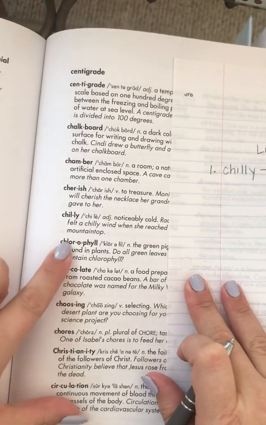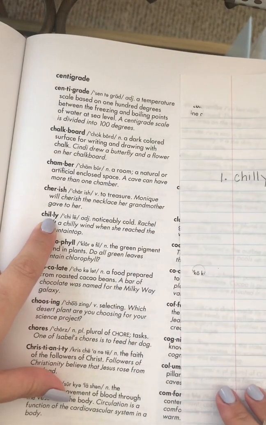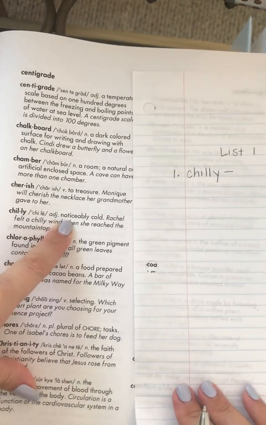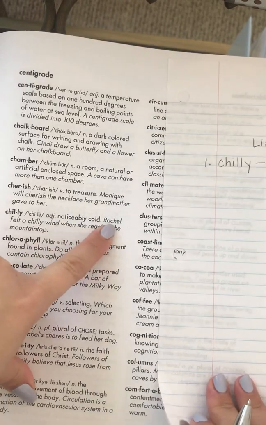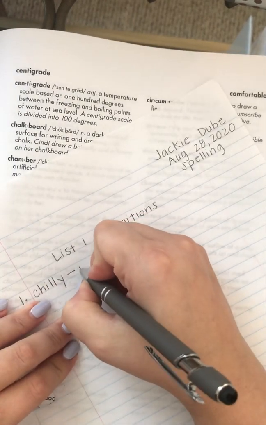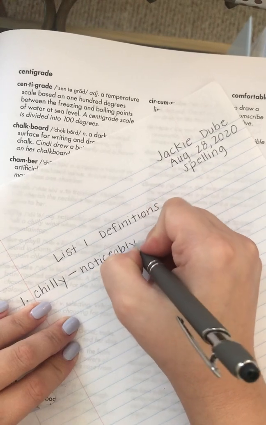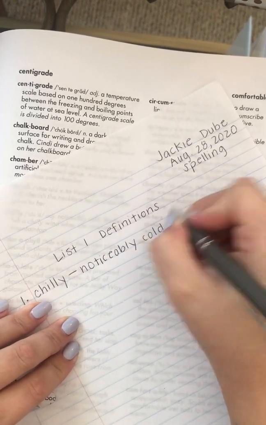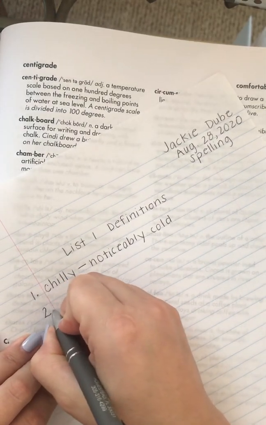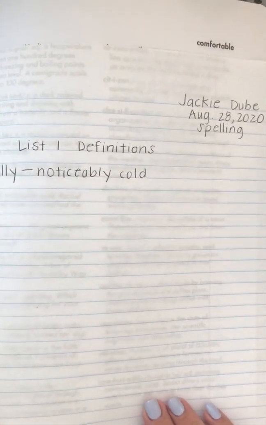And here we find chili, we find how it's divided by syllables, the pronunciation, and then the meaning. Noticeably cold. After that, we just have our example sentence. So we're only going to write noticeably cold. Then you will skip a line and go to number 2. This is how you should be writing and turning in all of your definitions.